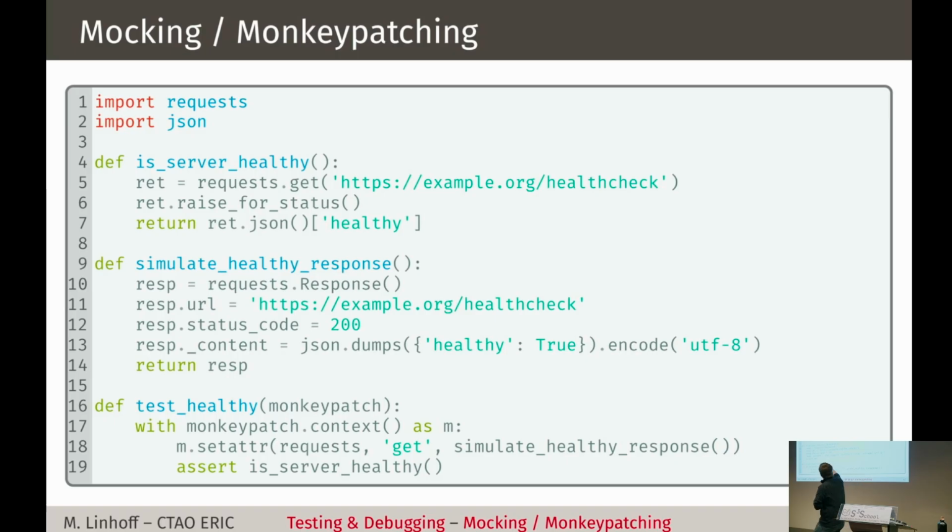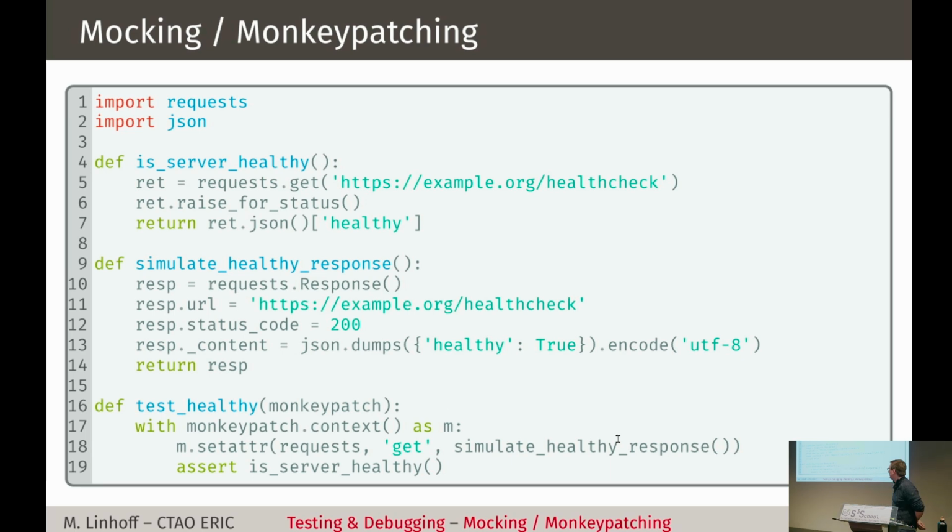So in the real code, we would really get this web server here. We would pass the JSON response. But in our monkey patching here, we just create a response object without ever talking to the internet, and we override here this get method of requests with our simulation, right?